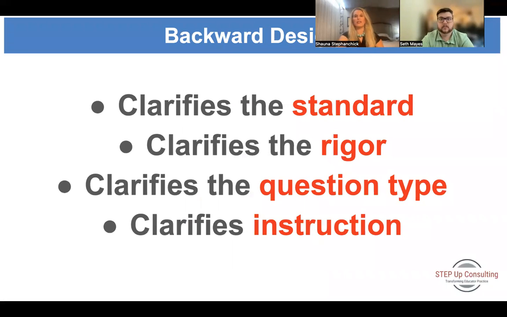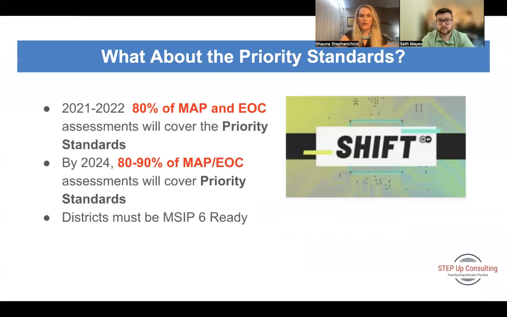So why is backward design important? It clarifies the standard, it clarifies the rigor, it clarifies the question type, which can be very difficult for students, and therefore it helps clarify instruction. So we would say start with assessment so you could backward design and align those things for students.